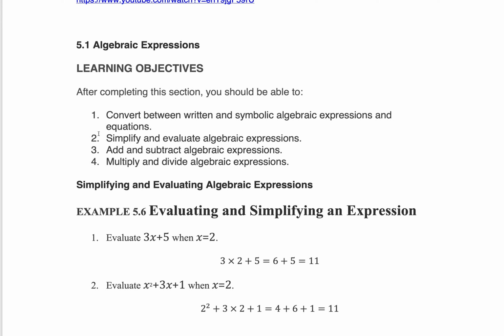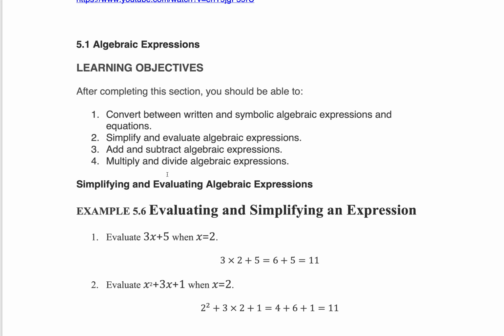They are listed on the lecture notes too. There are 4 tasks. Pretty much that's all about evaluation and operations. And for both evaluations and operations, basically they involve 4 basic operations: addition, subtraction, multiplication, and division. So let's take a quick look.